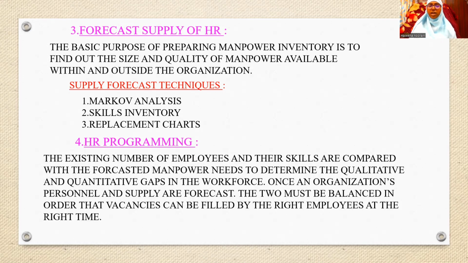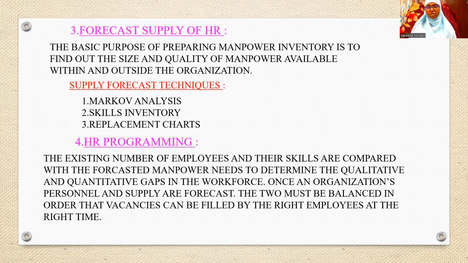The next one is HR programming. The existing number of employees and their skills are compared with the forecasted manpower. It is needed to determine the qualitative and quantitative gaps which have arisen within the workforce.